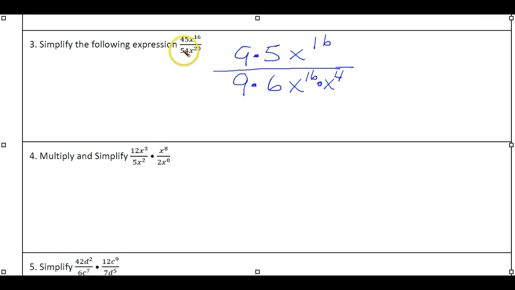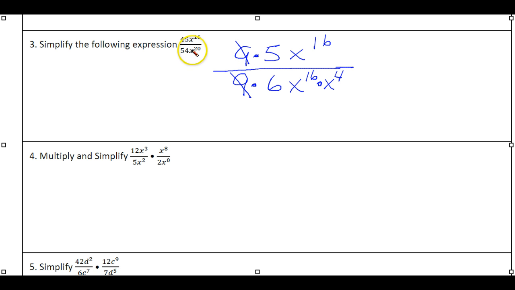In example 3, again, you're looking for a common factor. 9 times 5 is 45, 9 times 6 is 54, so the 9's would cancel out. Now notice in the numerator we have x to the 16th.